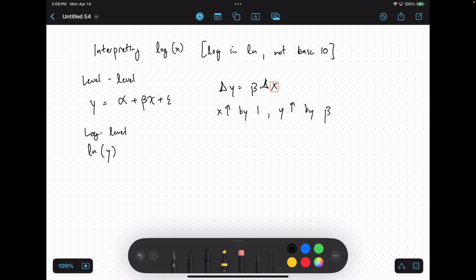So this would be ln y is equal to alpha plus beta x plus epsilon. So now, help me out here. If x goes up by 1, how would we interpret a change in y? Does anyone know? Any ideas?